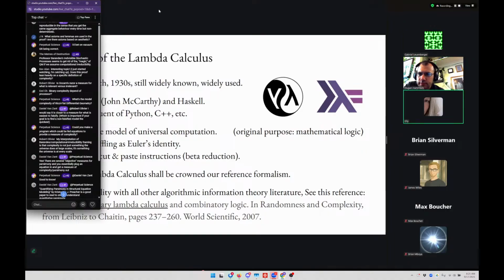Or a very simple, very basic example, I guess, is prime numbers. John Tromp, whom I mentioned a lot, found that the shortest program for generating the prime numbers using only lambda calculus was 22 bytes.